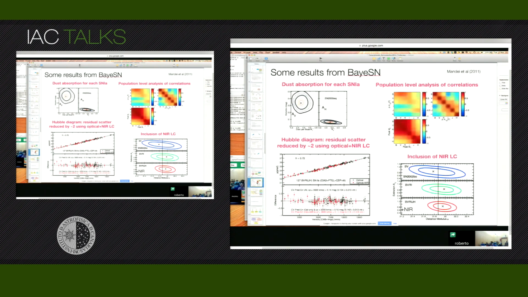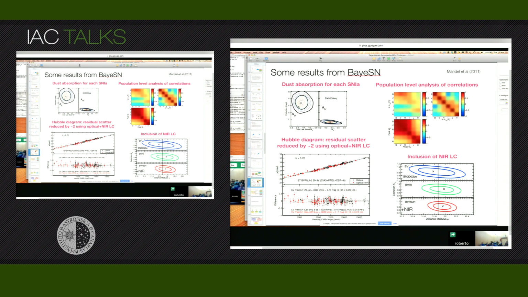And this allows Kessler and collaborators to do things like this. For example, reconstruct the light curve parameters and a reddening law for each supernova on an individual basis. For example, you can see here two cases for AV versus RV, for the aficionados.